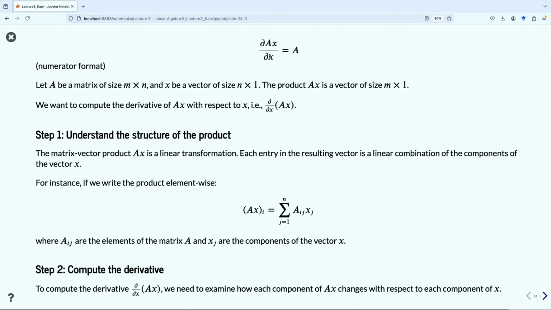This is literally what we were doing, for instance, in the system of linear equations. We have a coefficient matrix and we have x, and now we just want to take the derivative of that multiplication. The result of that derivative is equal to A. Now, why is that? Well, intuitively, it makes sort of sense.